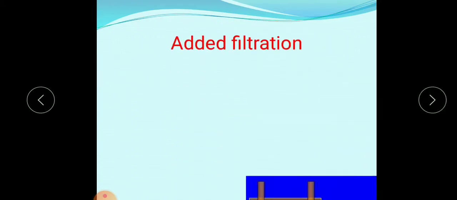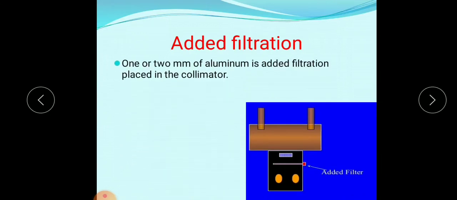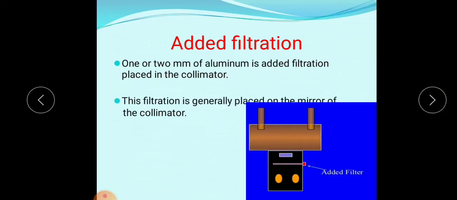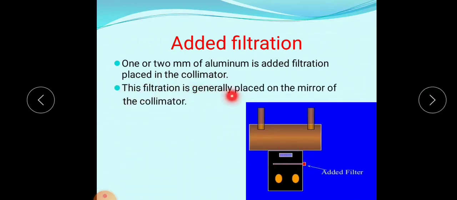Added filtration means 1 or 2 mm of aluminum is added. This filtration is placed in the collimator, generally on the mirror of the collimator.